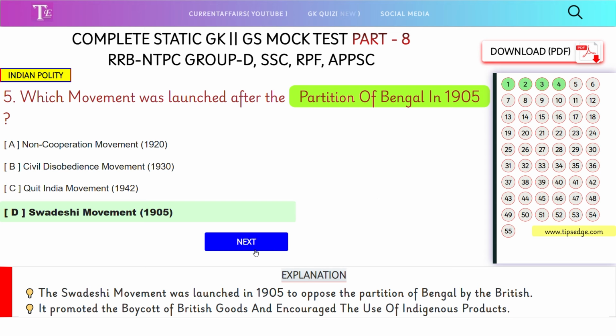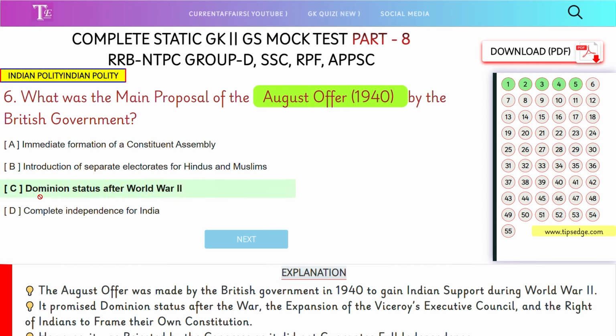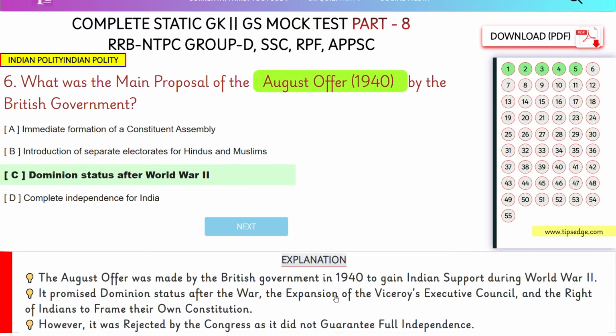Now moving to the sixth question. What was the main proposal of the August Offer in 1940 by the British government? Answer: Dominion status after World War II. The August Offer was made by the British government in 1940 to gain Indian support during World War II.